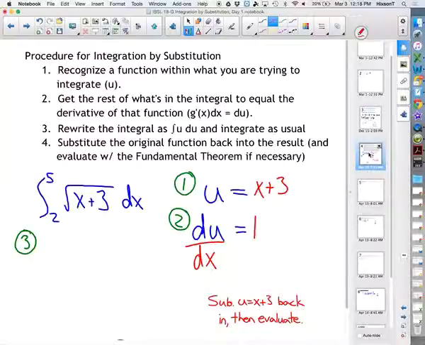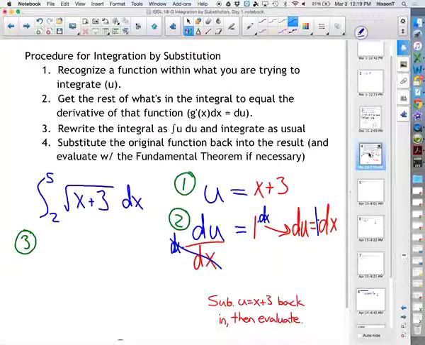So if I want du by itself, this means du equals 1 times dx. Does du equal dx or du times dx? Well, I multiplied both sides by dx to get rid of it over here and get du by itself. So I have to do the same thing over here. So it's 1 times dx.